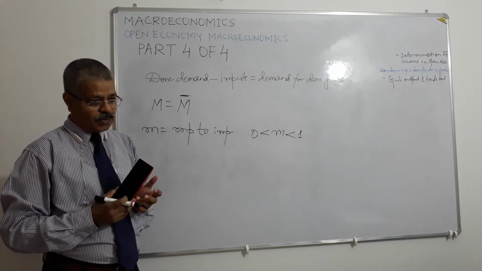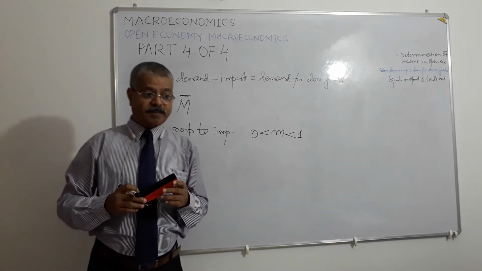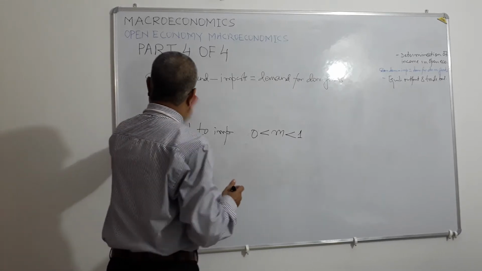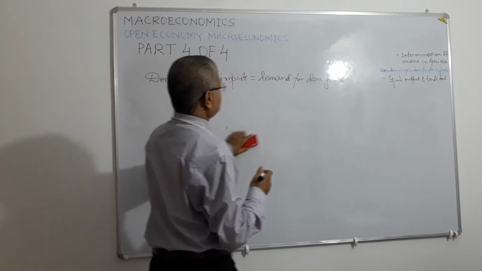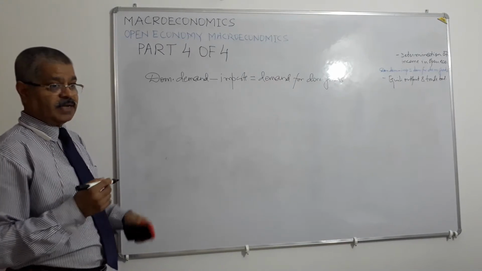So in this case, what will be the equilibrium income? That we want to know because we are discussing determination of income in an open economy, right?